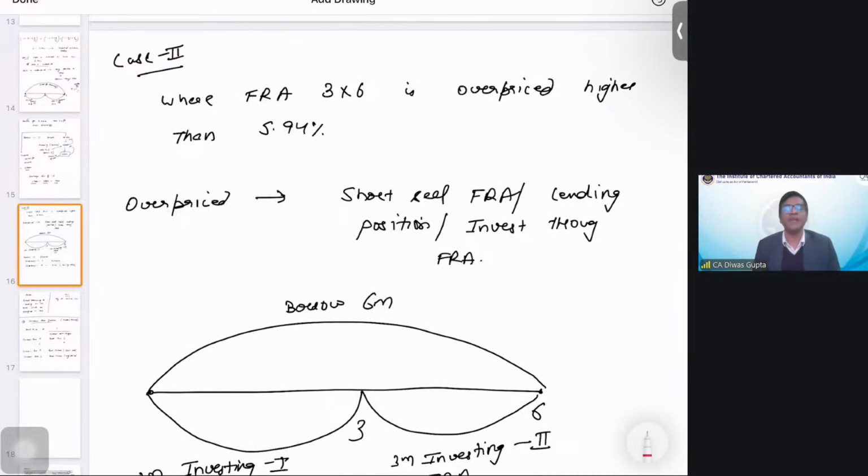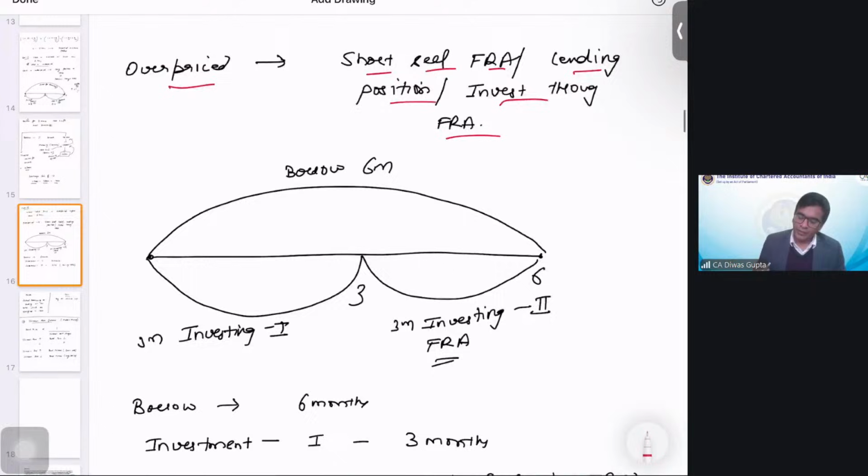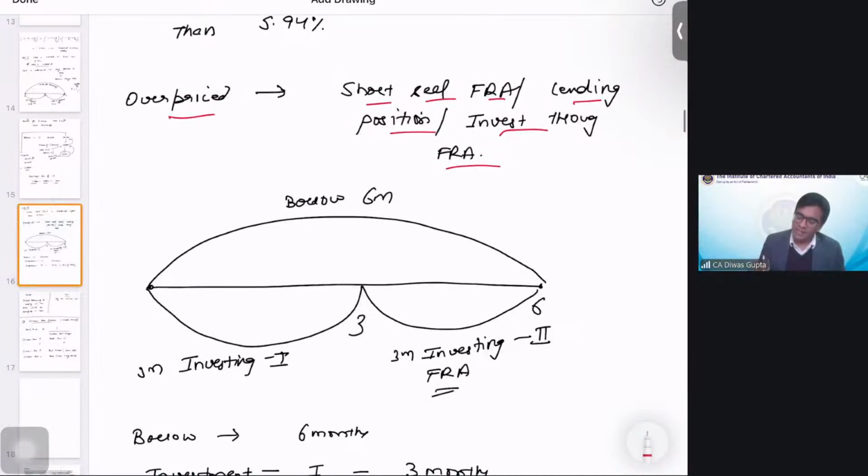Now, where the FRA 3 by 6 is overpriced, let's say this is higher than 5.94. If the FRA is overpriced, then what will we have to do? We will have to short sell the FRA, or we will have to take a lending position, or we can say we will have to invest through FRA, students. Right? And how will it happen? If something is overpriced, we will sell.